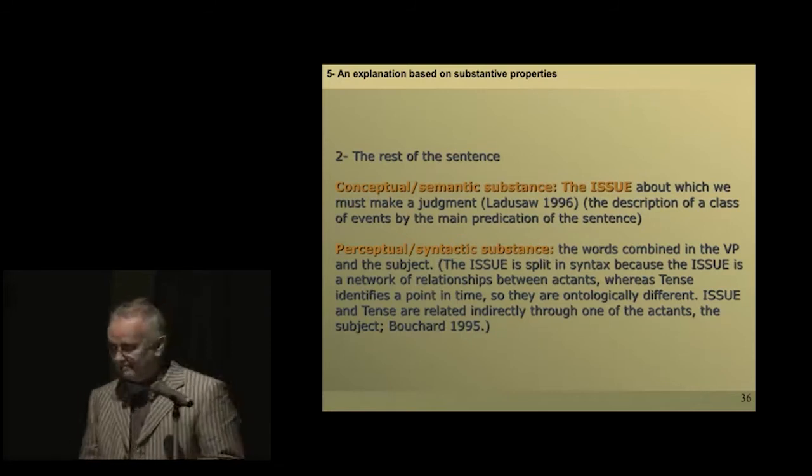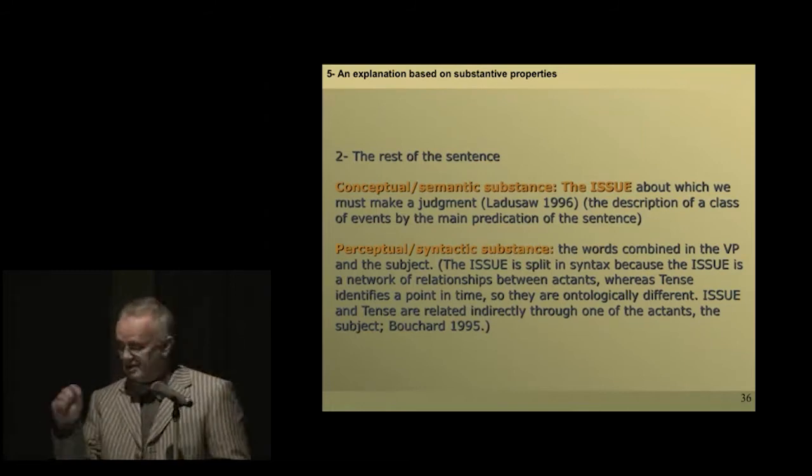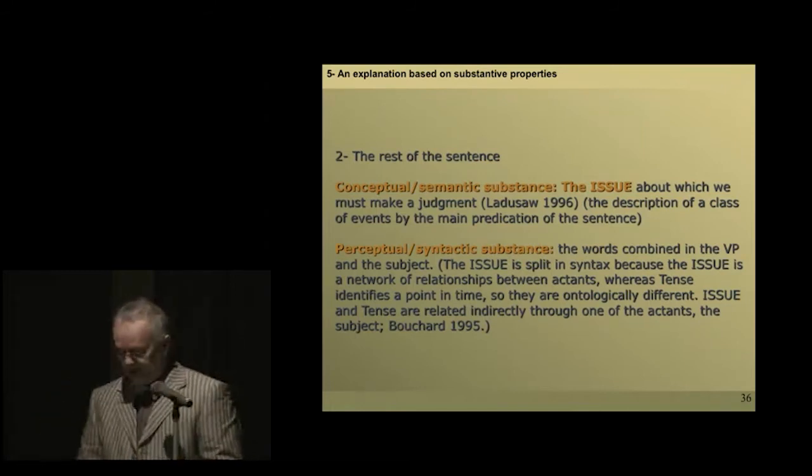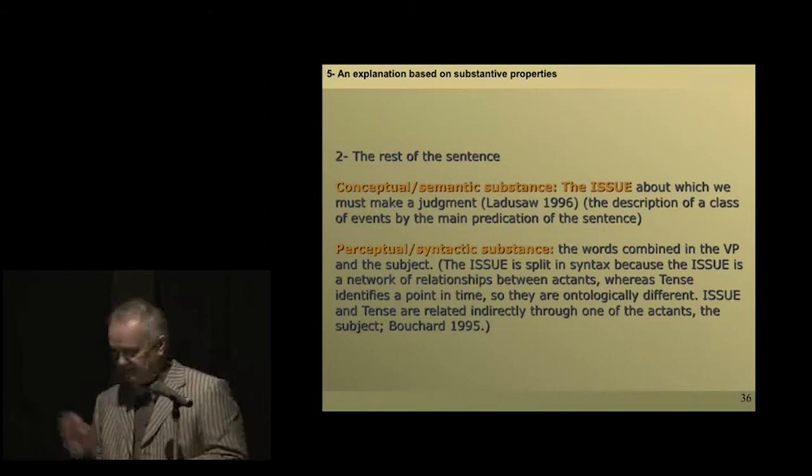Why is that? Very briefly, the issue is split in syntax because the issue is a network of relationships between actants, to take a very general term, whereas tense identifies a point in time. Okay? So they are ontologically different. You have a network of elements on the one hand, and you have a point, and you have to try to relate them in some way.